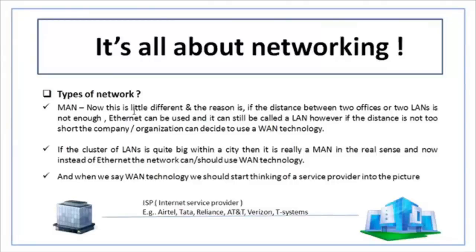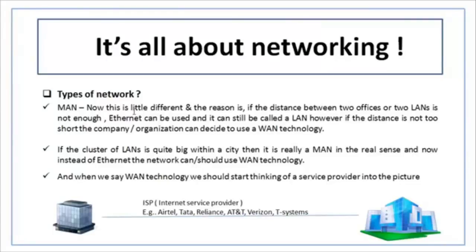So mostly in this situation, if you want to connect two buildings, with a local area network at each building, you will definitely use an ISP or internet service provider to connect those two LANs. Or you can still have a LAN connectivity, it depends on how you want to use it.